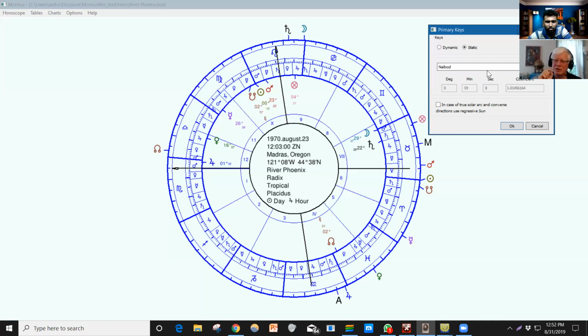And that tends to give, because it's a slightly smaller number and you're dividing by it, it pushes things more forward in the future. So as you get older, there's a discrepancy between the Ptolemy measure, 1 degree per year, and the Naibod measure, 59 minutes, 8.33 seconds per year.